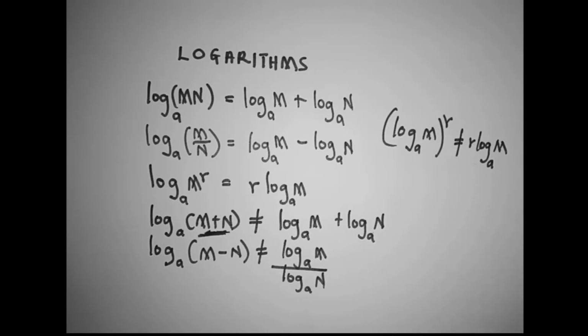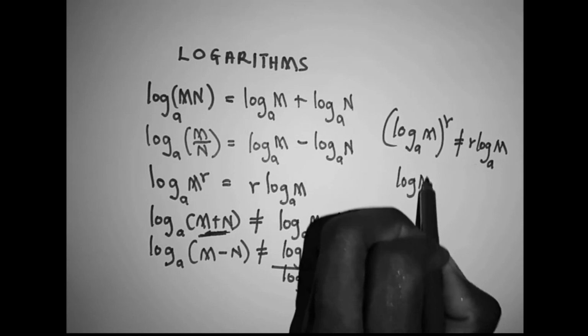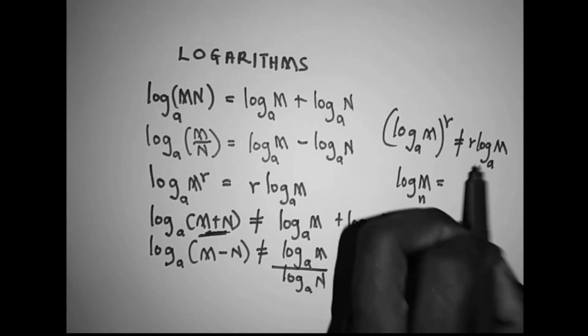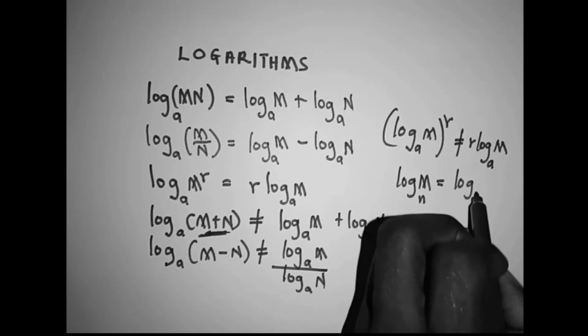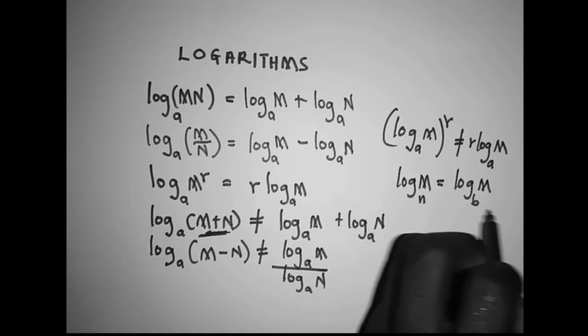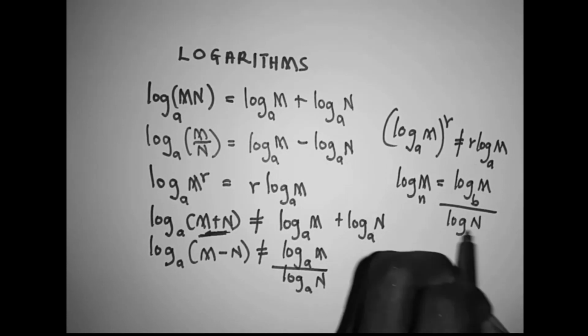Now let's come to the change of base of logarithms. For example, if you have log m base n, this is the same as log m, let's say base b, divided by log n base b.